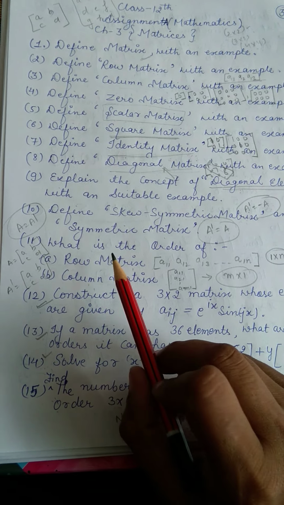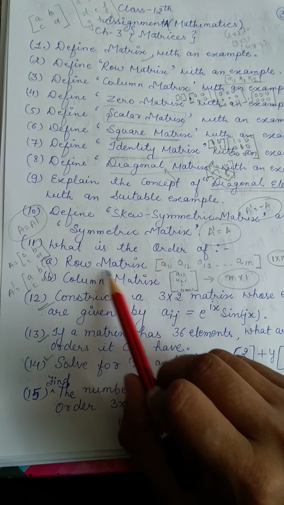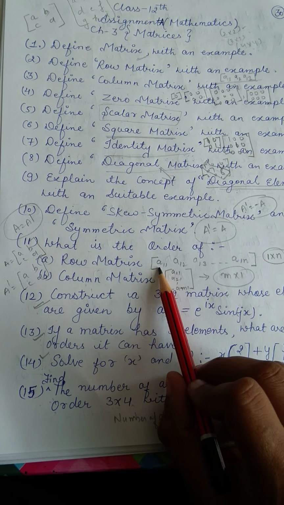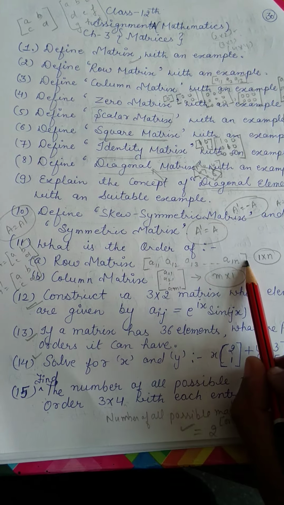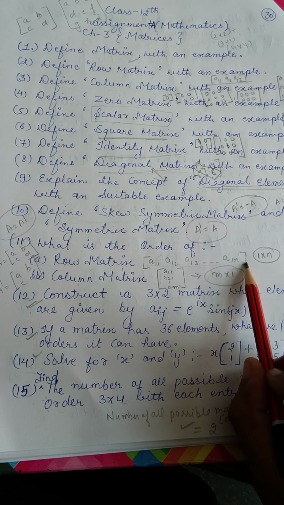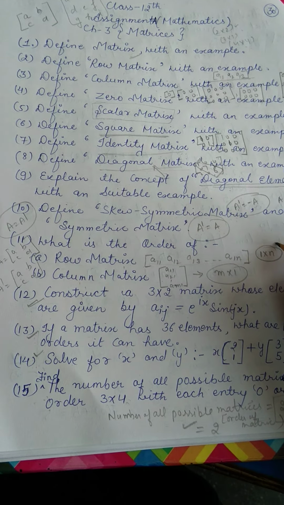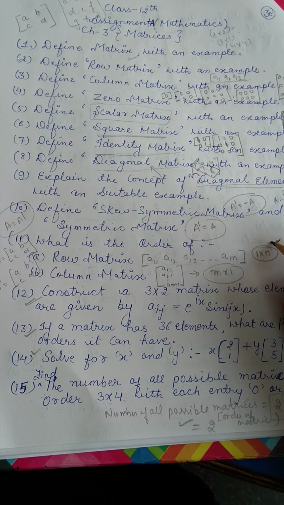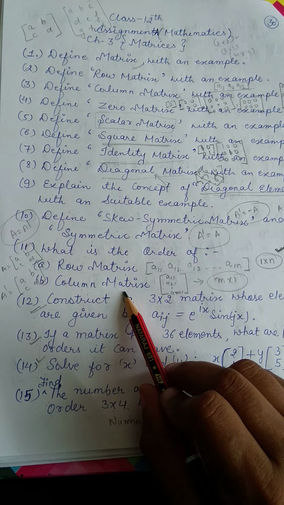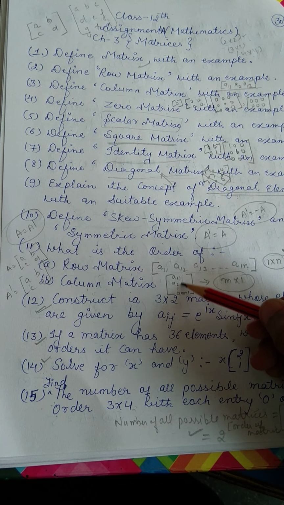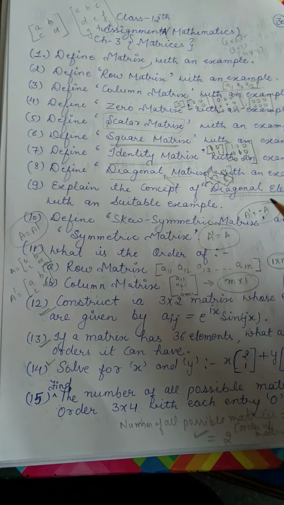Then next one is, बच्चे, what is the order of your row matrix? As I have told you, your row matrix will be a single horizontal row written like this till n. So 1 into n will be your order of row matrix. What about your column matrix? Your column matrix will be a vertical column till m starting from 1.